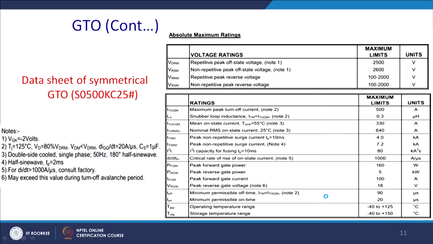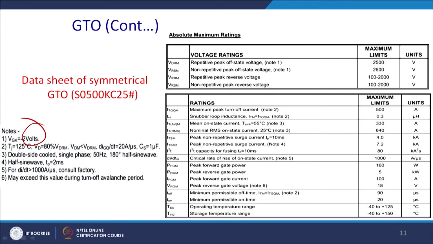So, let us go through one of the data sheets of the GTO for better understanding of its phenomena. VGK is around 2 volt, so there is a voltage difference required. Junction temperature can go as high as 125 degrees centigrade.